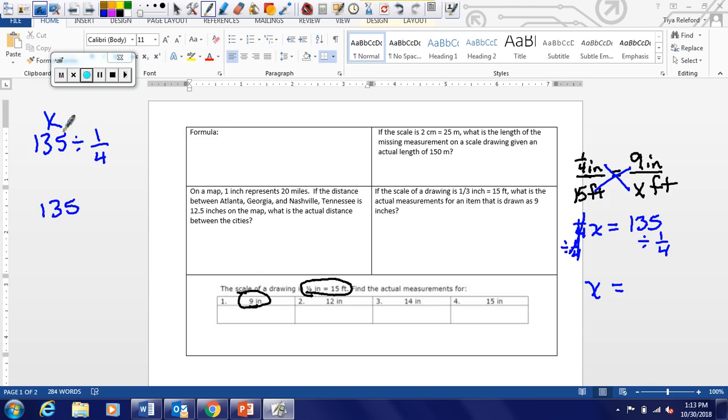So we've got keep, change, flip. So 540 goes in my table. You're going to do the same thing for 12 inches, 14 inches, and 15 inches.